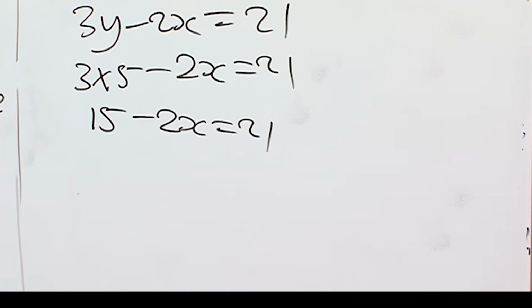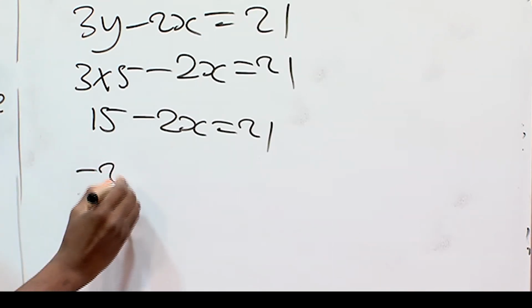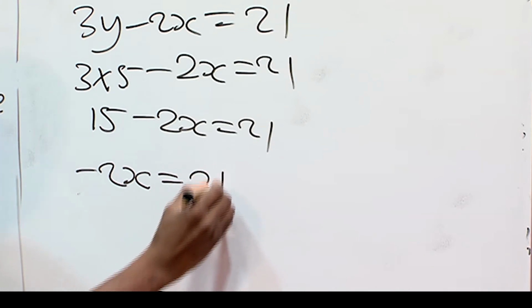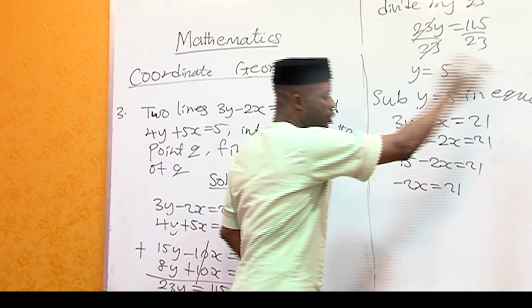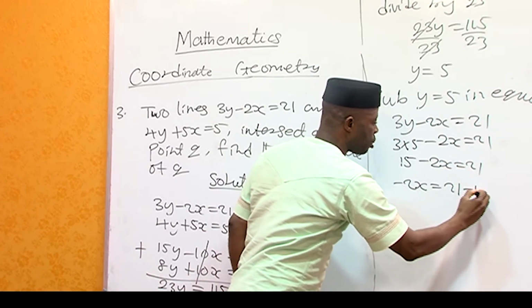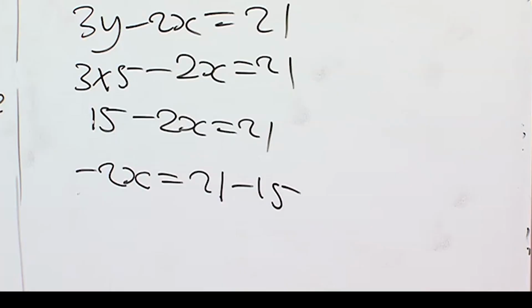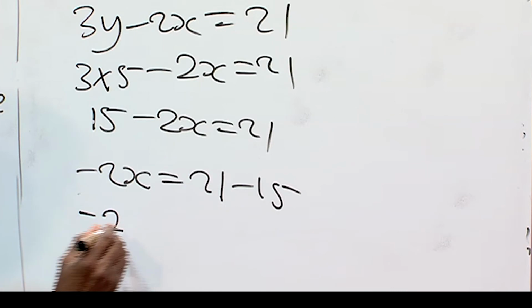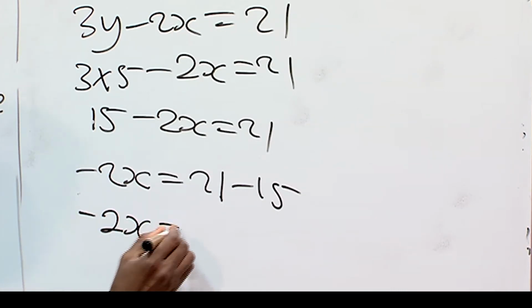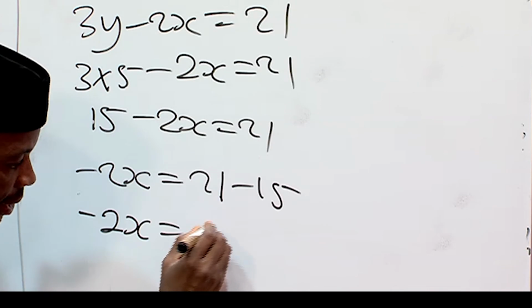So we collect like terms so that minus 2s will come out. Minus 2s equals 21, and this 15 crossing the sign becomes minus 15. Minus 2s equals 21 minus 15, which is 6.